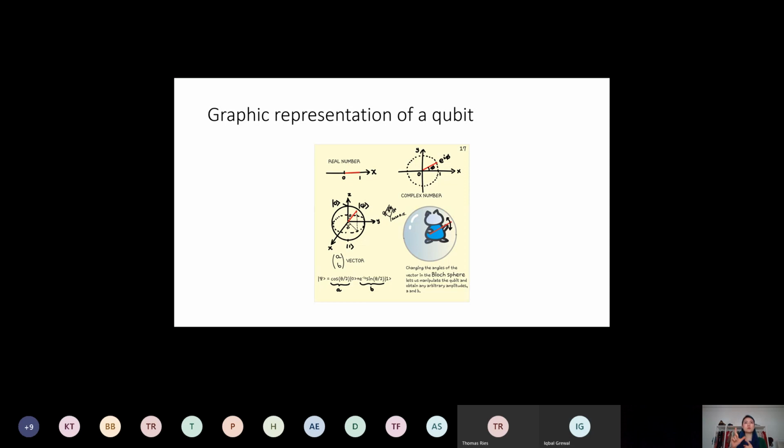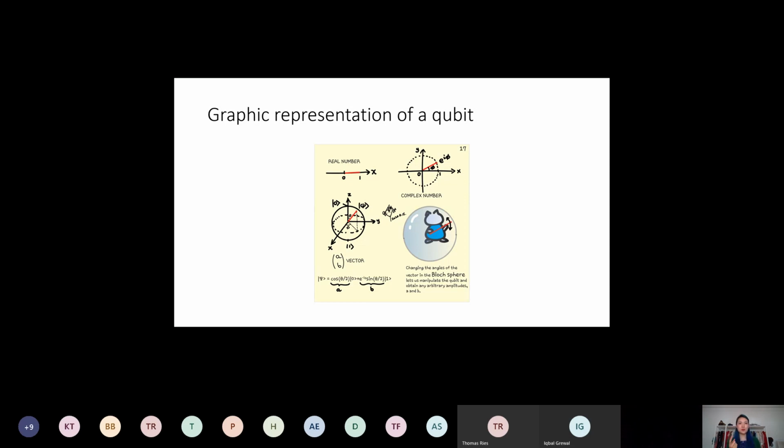The total length of this vector would lie anywhere on this three-dimensional sphere. But in fact, this topology, this sphere, is actually 2D on the surface, and that's why we only need a sphere, a 2D object, to describe a 2D vector, so A and B.